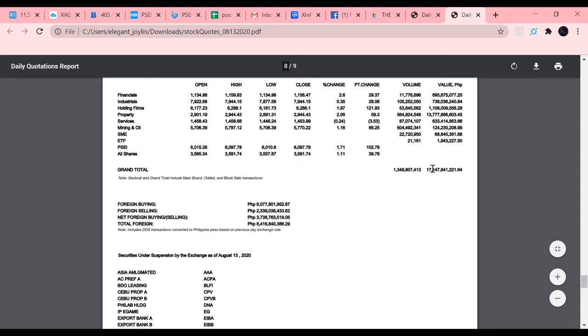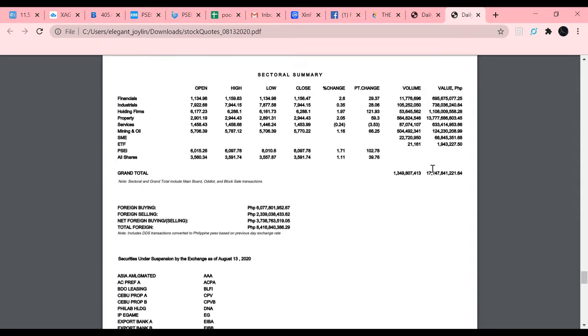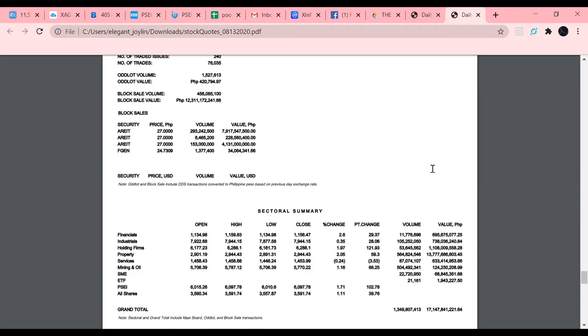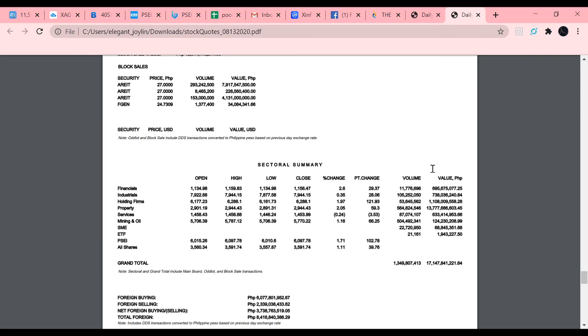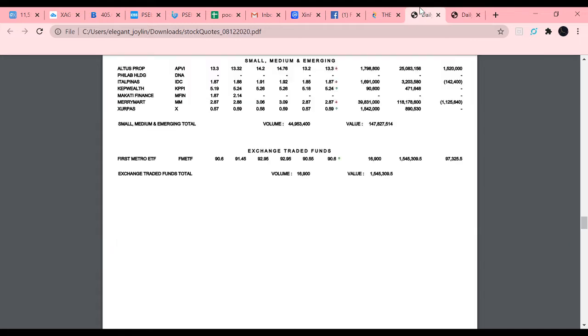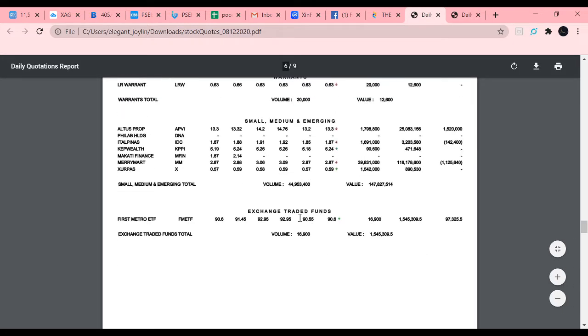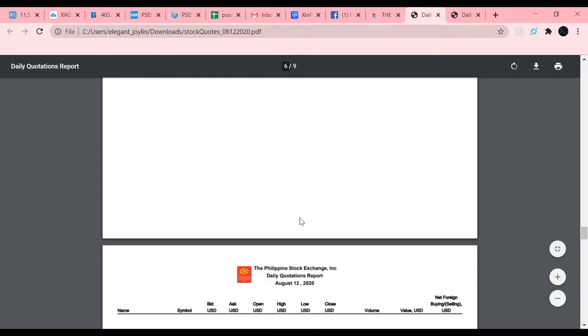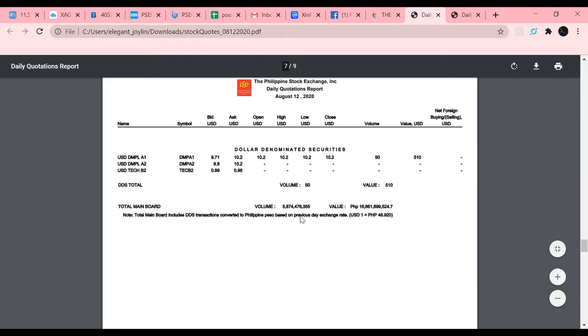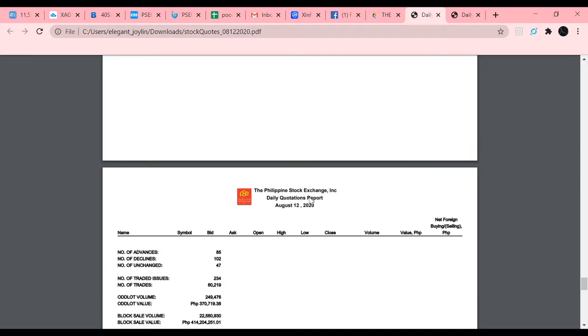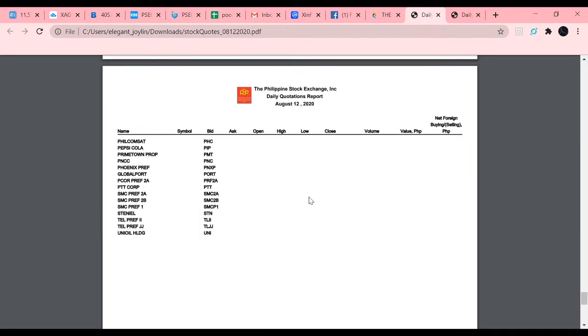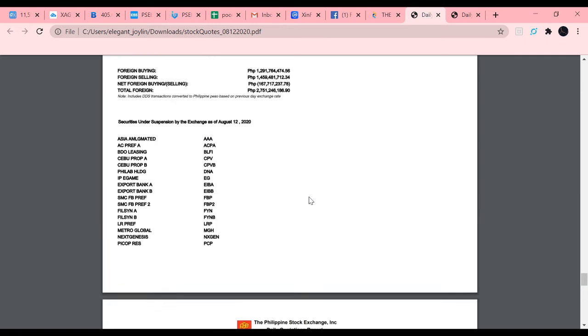Excluding the REIT transactions, it's only around 5 billion, which is less. Good thing there were REIT transactions, which made the PSE volume jump so much. Let's check here. I think that's also REIT, August 12.